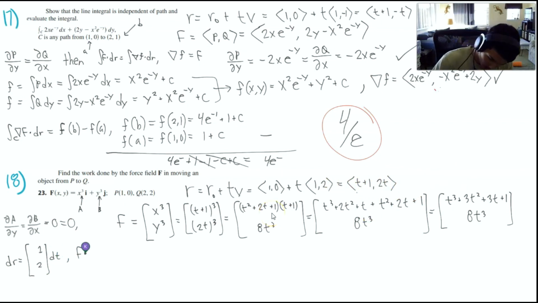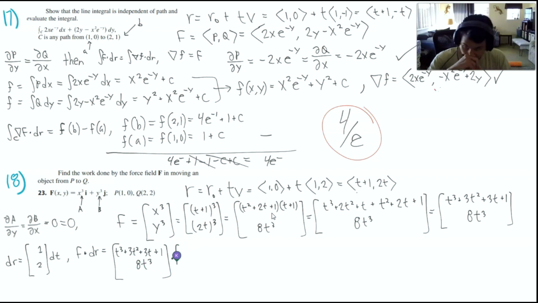So then f dot dr is (t cubed plus 3t squared plus 3t plus 1, 8t cubed) dotted with (1, 2t).